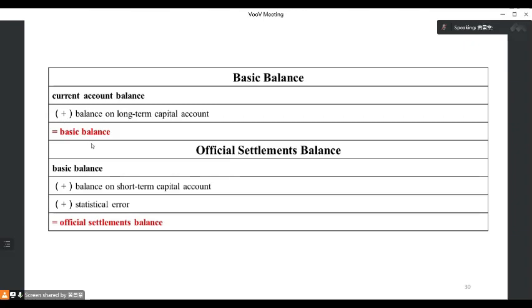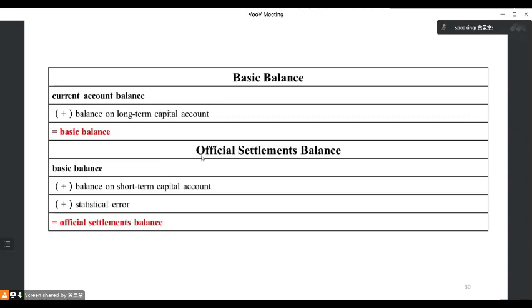In other words, we can say basic balance equals current account balance plus long-term capital account balance.